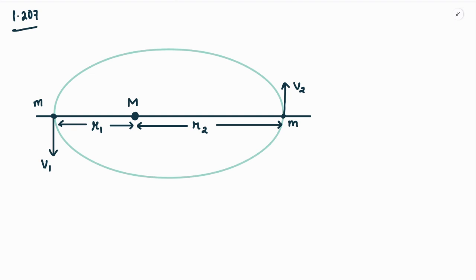So if we think in terms of the length of the semi-major axis, over here we can say that the length of the semi-major axis is equal to (r1 plus r2) by 2.